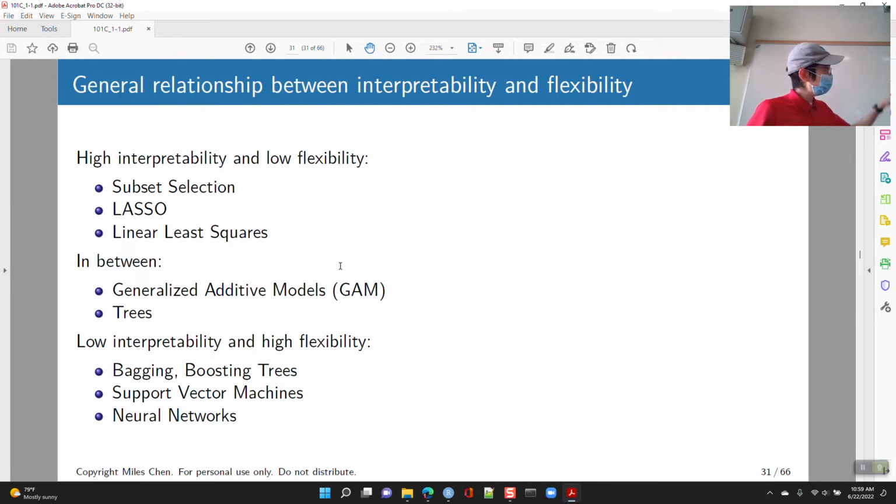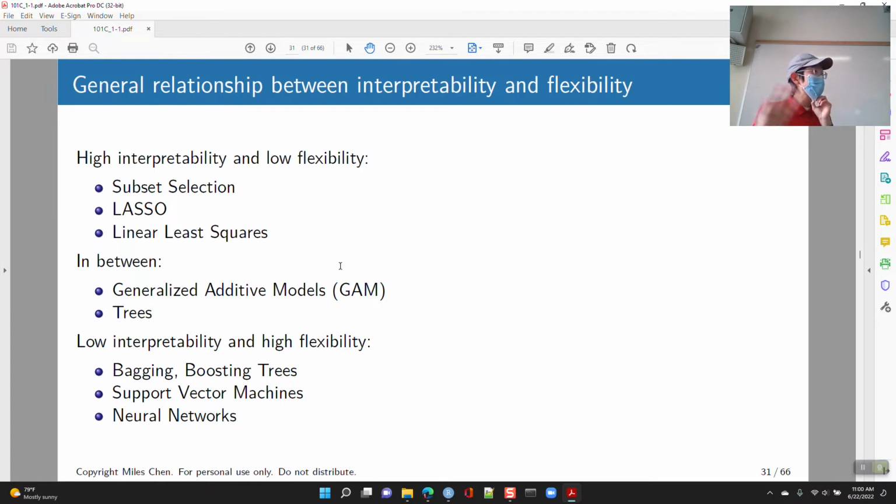And so just looking ahead to some of the methods that we'll encounter, methods that have high interpretability and less flexibility would be things like your least squares regression, also things like lasso, and when you did 101A, you did a subset selection of your variables.